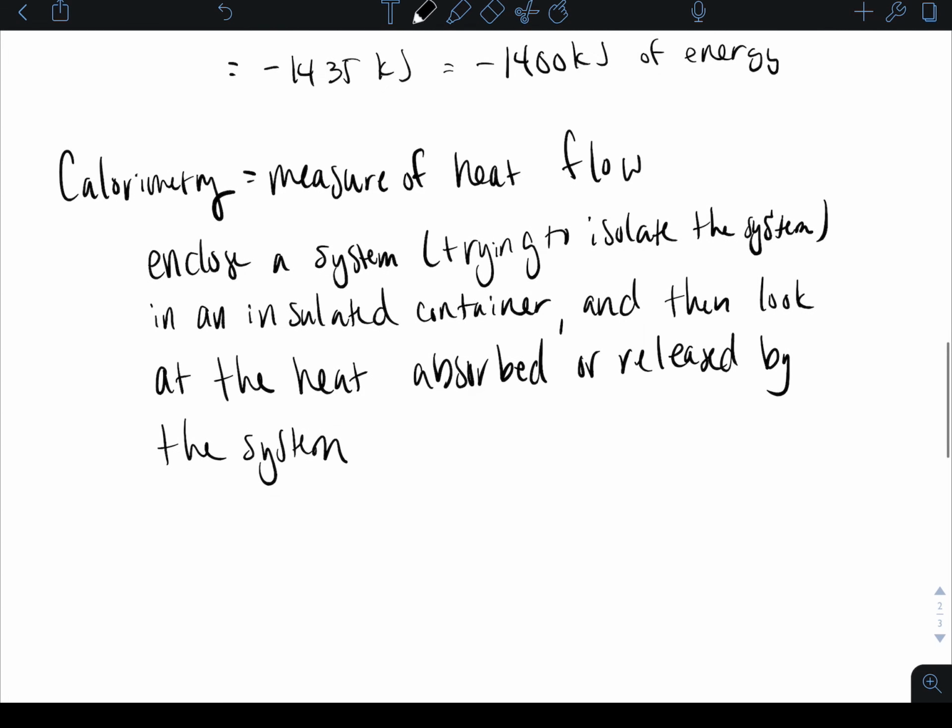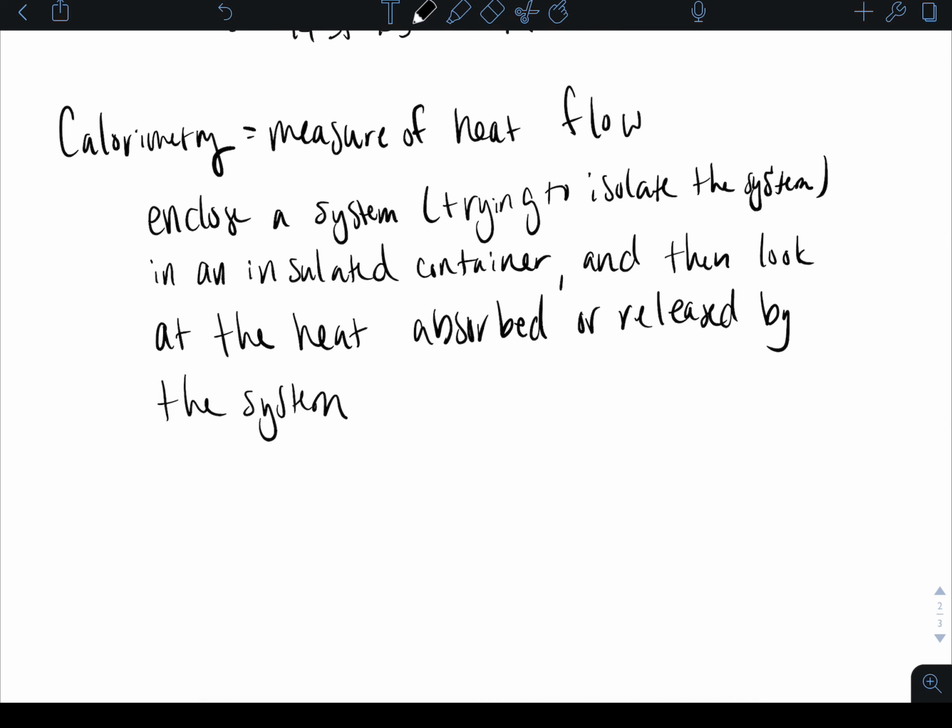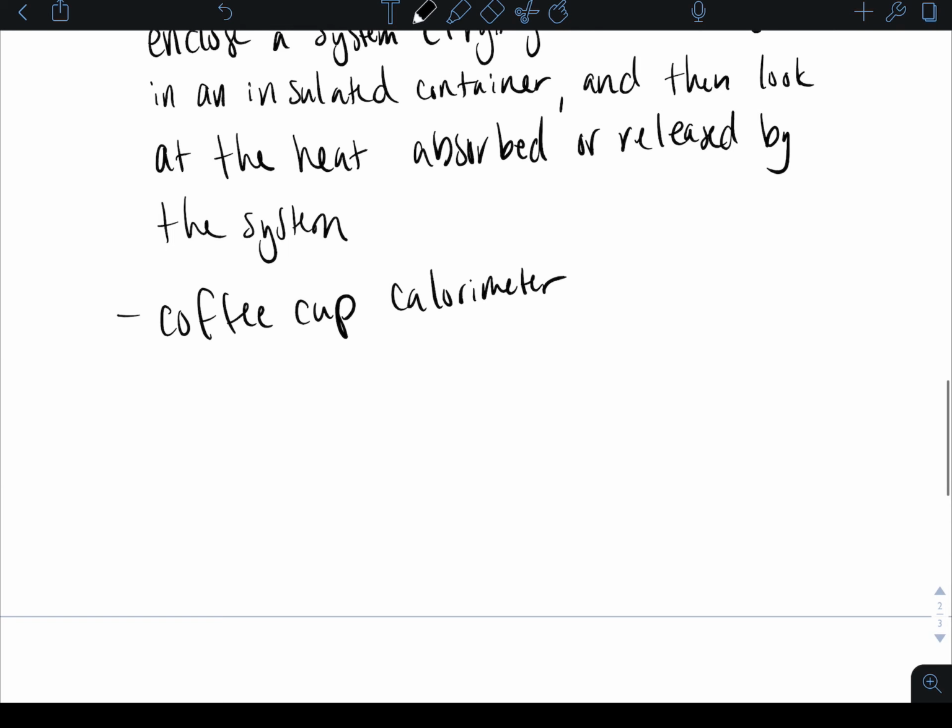Okay, so a very common one here is a coffee cup calorimeter. In a coffee cup calorimeter, we have 2 coffee cups kind of nestled within each other, so that we get some insulation.